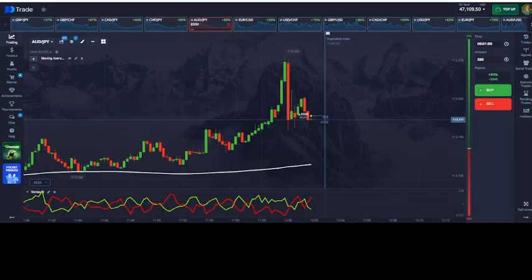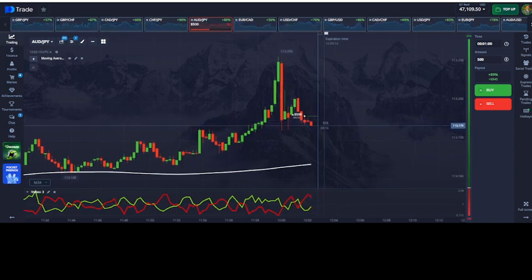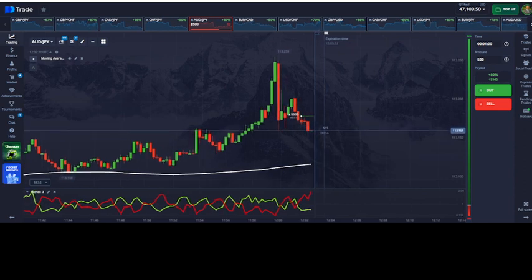So let's see the results of this trade here. Now, we're having a pretty good streak, but let's wait for the expiration. And if this trade loses, then I'm going to go ahead and double up on the trade.